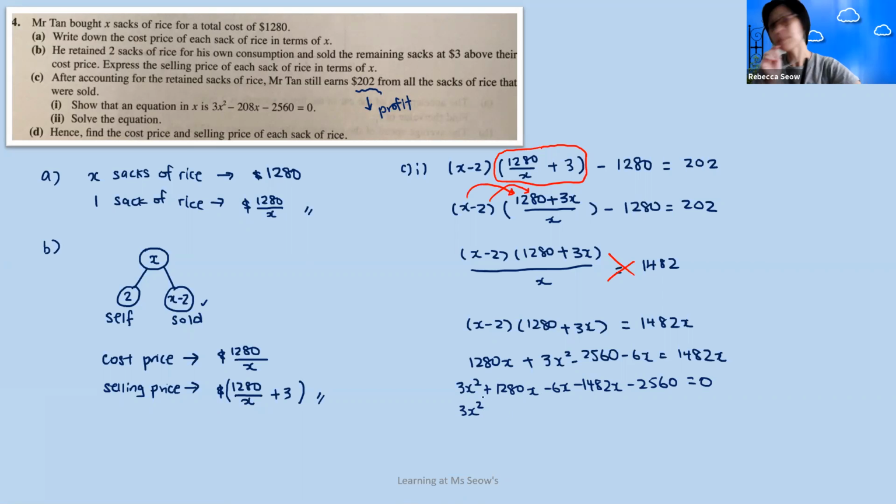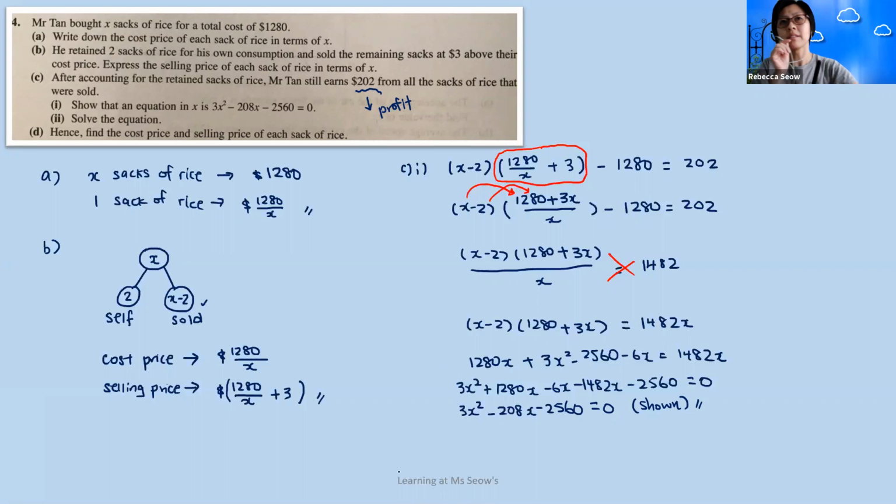And for the x term, I will get minus 256. And we actually end up with what the question wants us to show. That will be for C, part 1. Now, C, part 2, solve the equation.